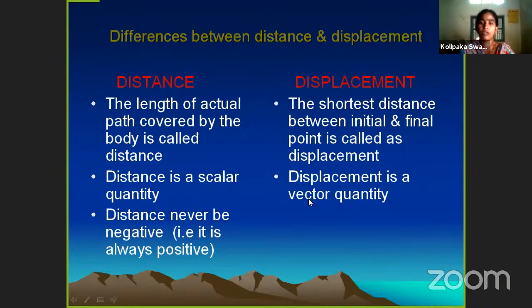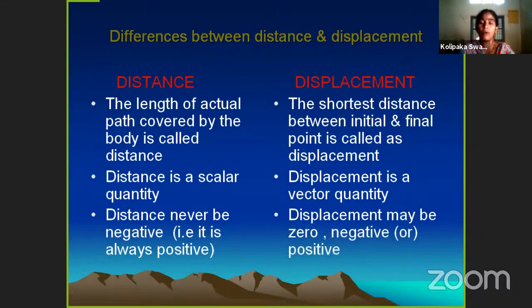Magnitude means value. That means vector quantities contain some value and direction. The displacement may be 0, negative or positive. Displacement value is either 0, negative or positive.